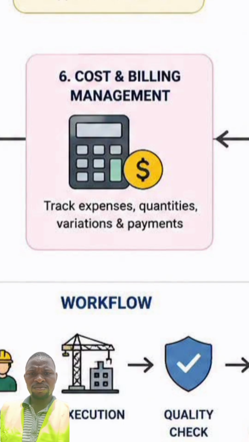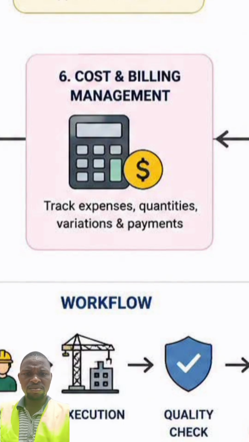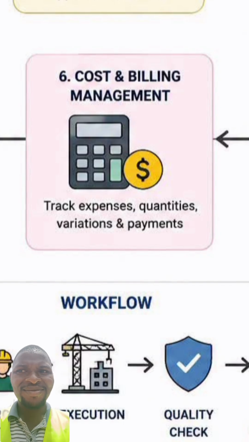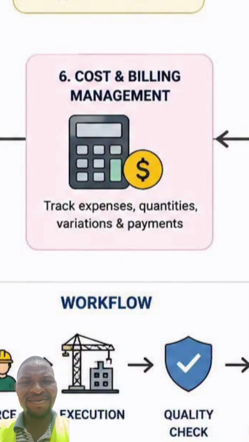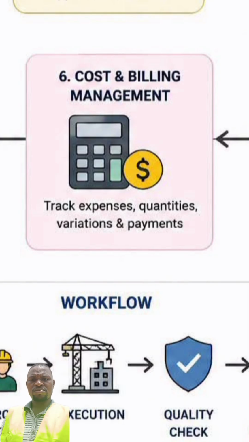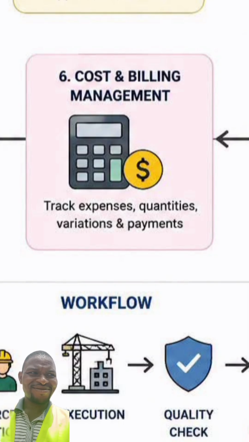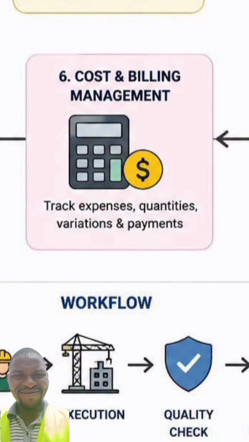And you also track the expenses, maybe the transportation cost, the cost of buying some of the materials you don't have on site, the cost of mobility, the cost of moving some of these equipments to the site, the cost of digging your trench, the cost of labor and all those things. So always track some of these expenses that have been incurred on site.